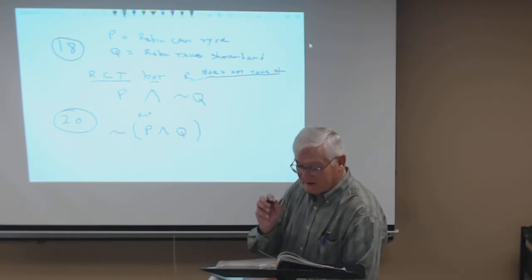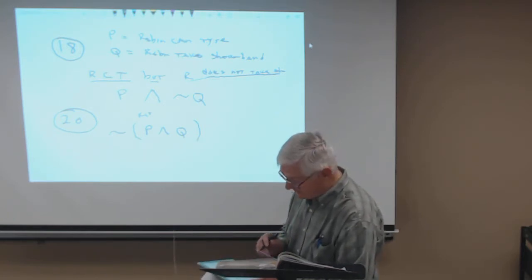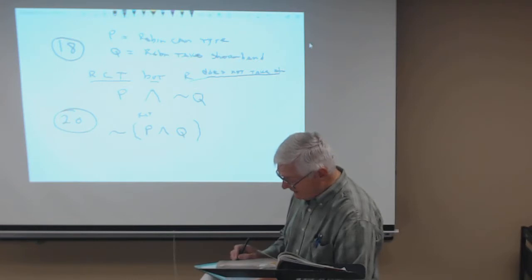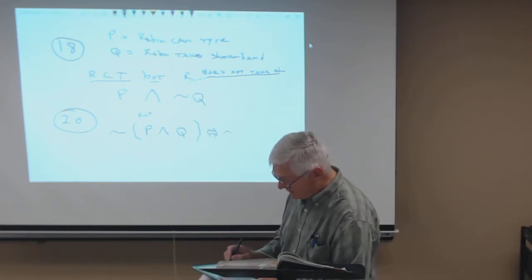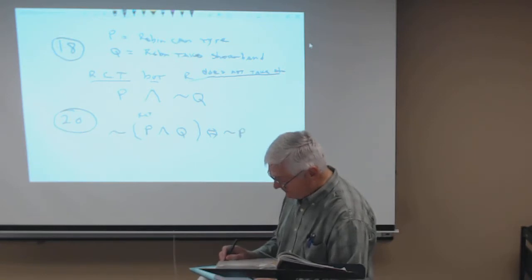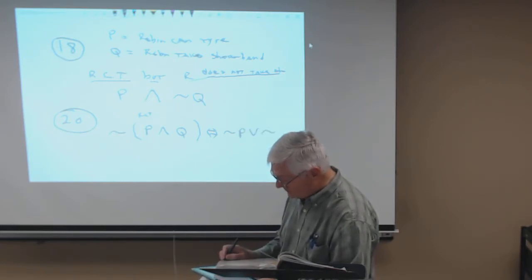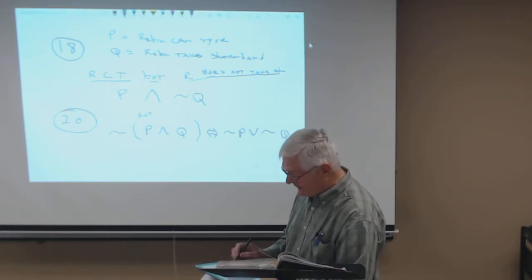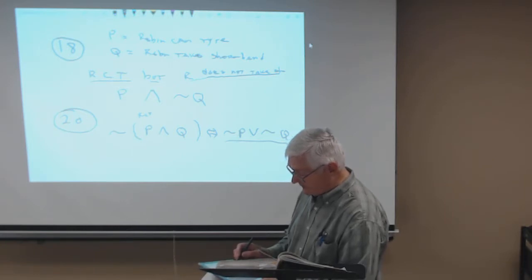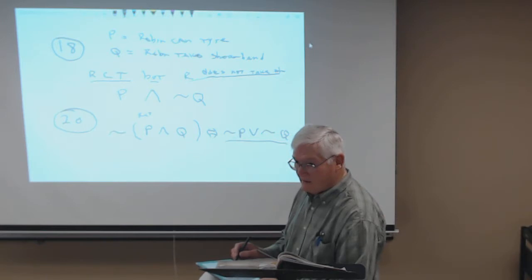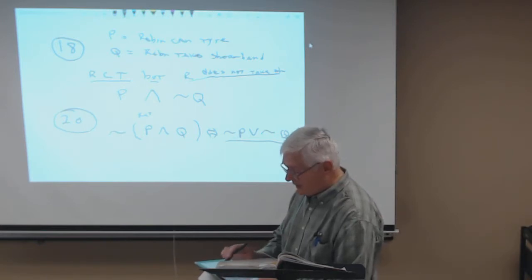Now, based on what I just had you put in your notes, what is that equal to? Not P or not Q. Now, read that statement right there in words. What's not P say? P says Robin can type.